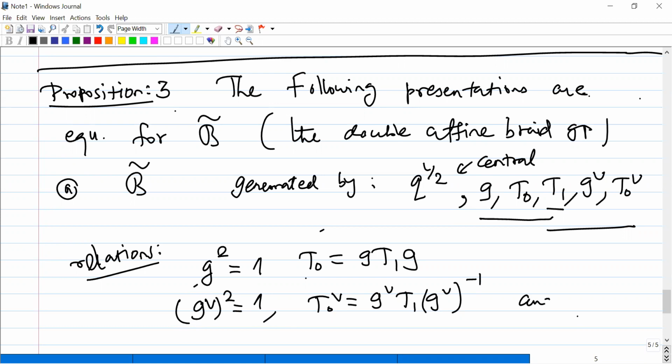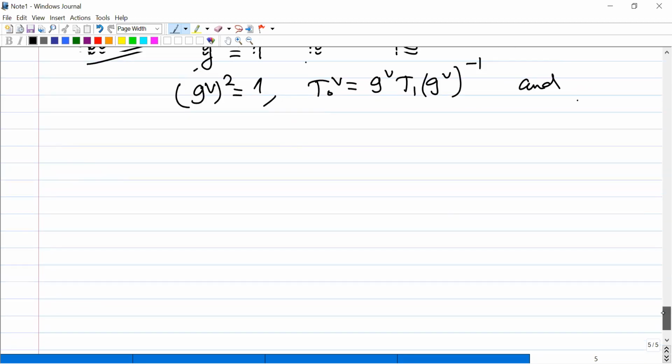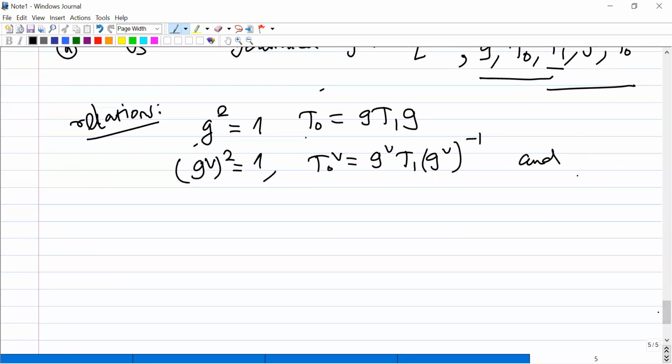Okay, and there is one more relation that actually tells you how this G check and G interact. Okay, so it says T1 G G check G, that is q power minus of G G check T1 inverse.